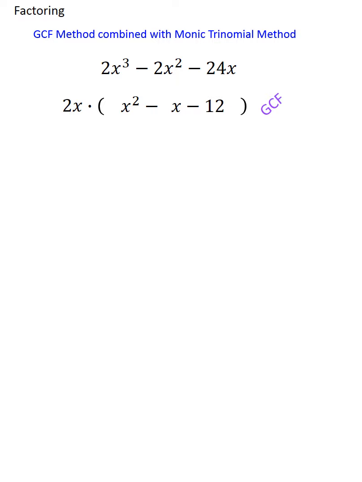Okay, so far, this looks like a greatest common factor problem. In fact, it looks like a couple of the problems we saw in that video. But something's different here. If you look at what's inside the parentheses of the greatest common factor portion of this problem, you'll notice that that is a monic trinomial and that that may be factorable itself, in fact is.